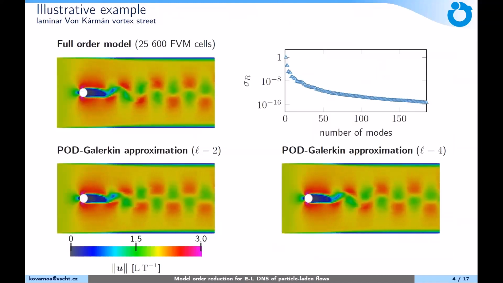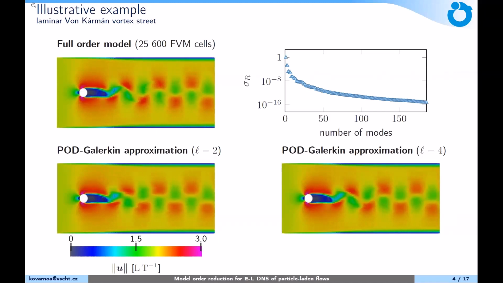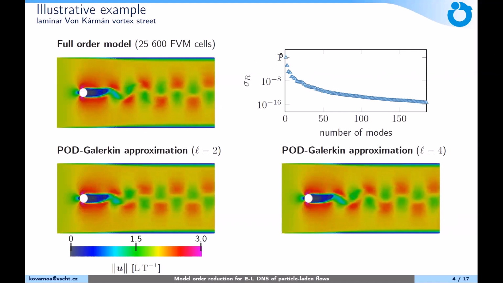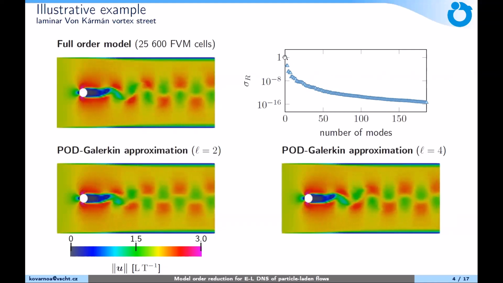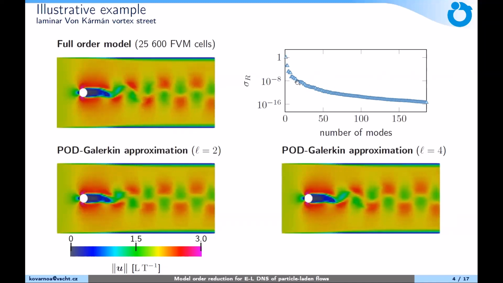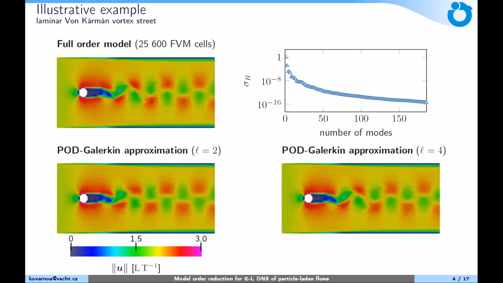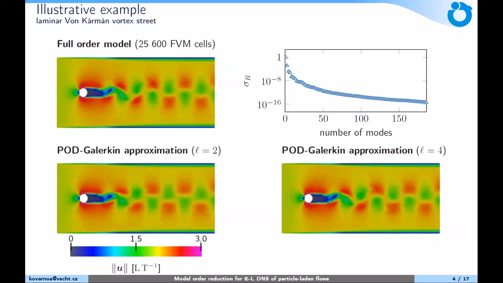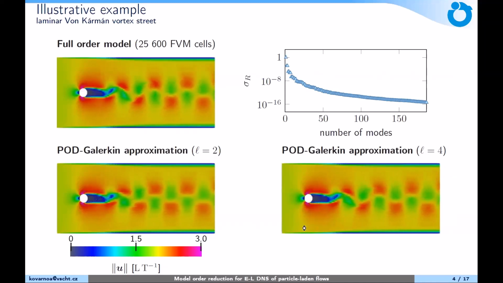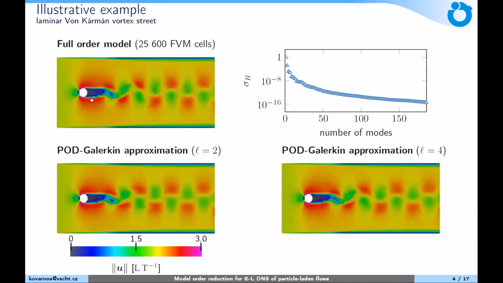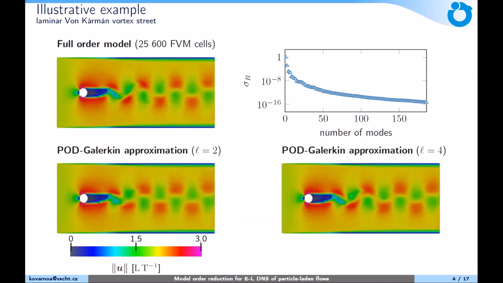This works pretty well for the von Karman vortex street case, as the singular value decay, as I have said before, of the matrix of snapshots is extremely fast. That means that only the first few modes are really important, and we can reduce the dimension to, for example, the number of 4, where, as you can see, it's qualitatively quite the same thing.